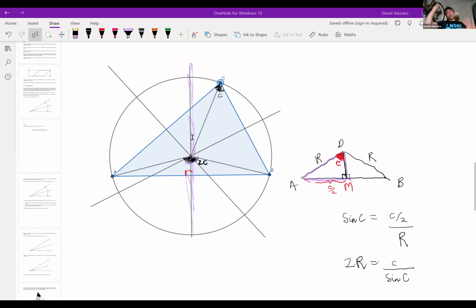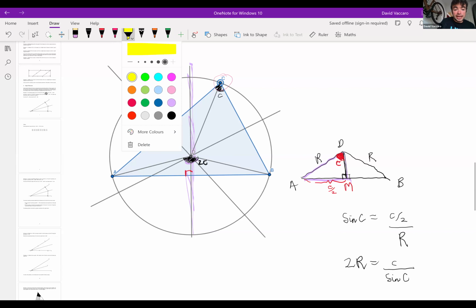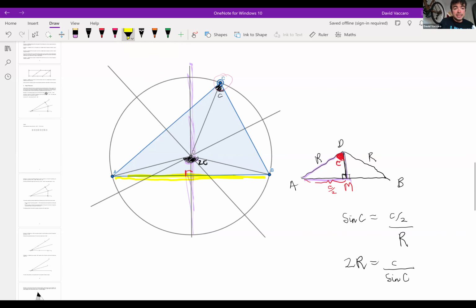Now, I could do a whole load of new geometry, but there's a very important idea. In order to get that 2R is c over sine C, it just relied on the fact that I label the angle at the point C, capital C, and I label the side length of the side opposite capital C as little c.